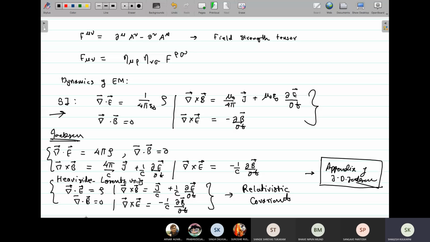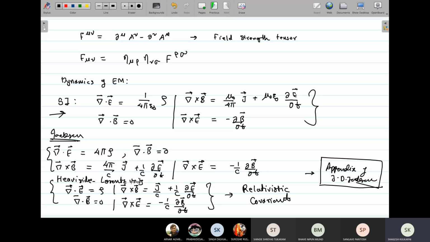These equations are true in any frame. If you get some results using these equations in one frame, that result holds in another frame. It's just that we have not written them in a proper tensorial form. It does not mean that they are incorrect or not Lorentz covariant.